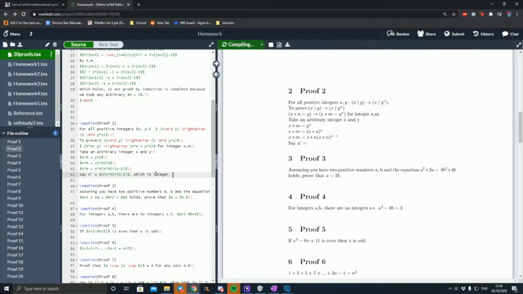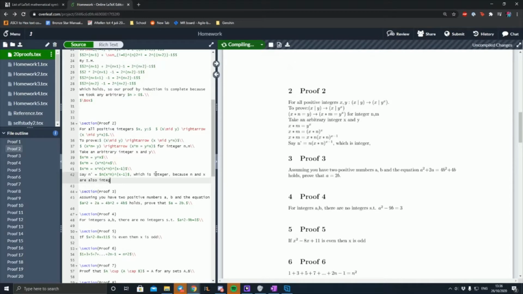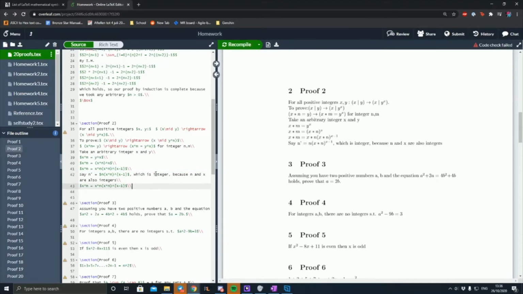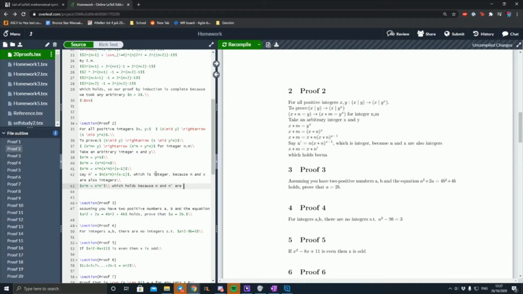Which is an integer because n and x are also integers. This is important. If you forget this, they might be kind of strict on you. And then you can say x to the power of m is x times n prime, which holds because m and n are some integers.